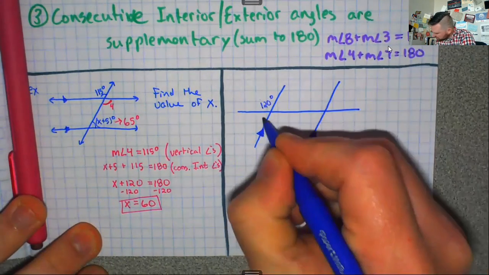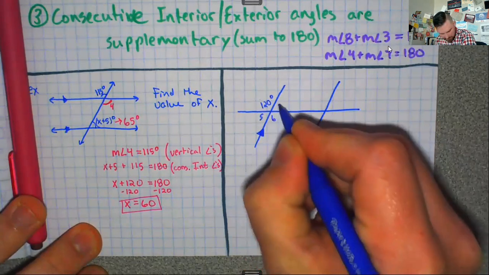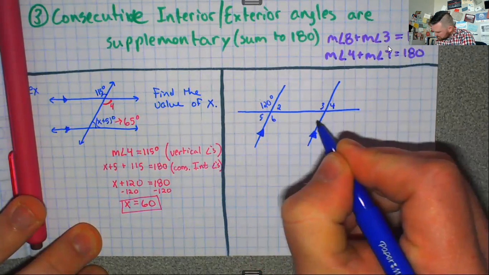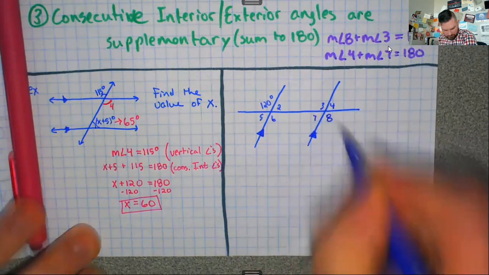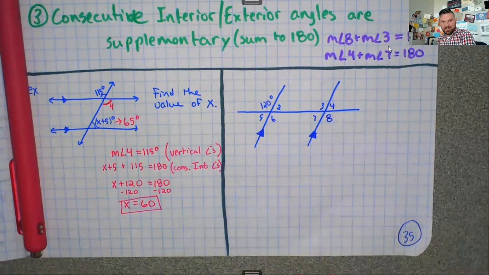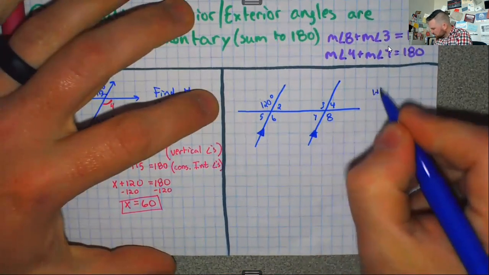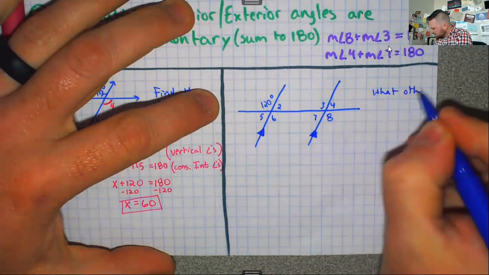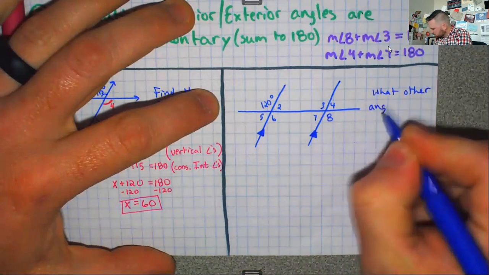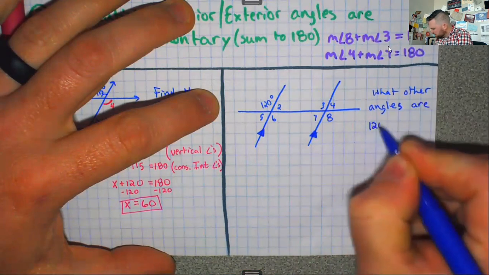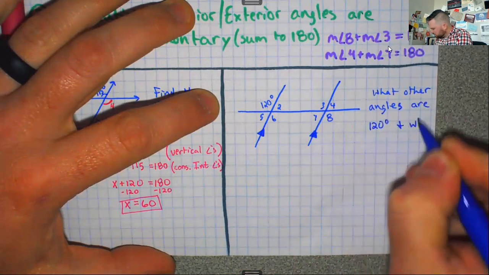And we're going to give all these numbers: 5, 6, 2, 3, 4, 7, and 8. And the question is, what other angles are 120 degrees and why?